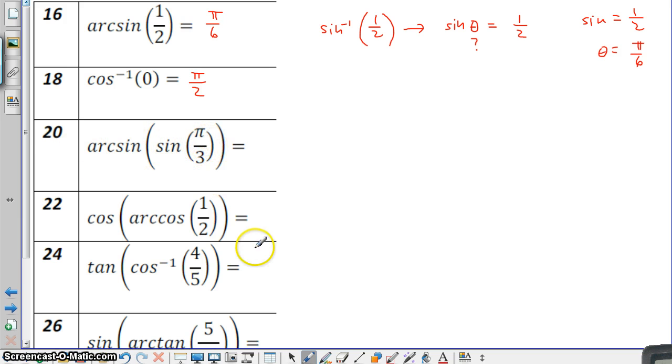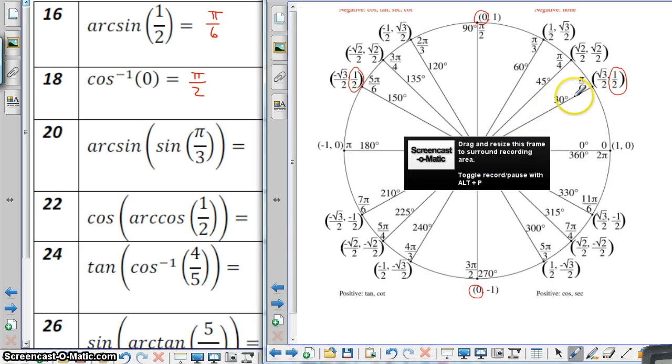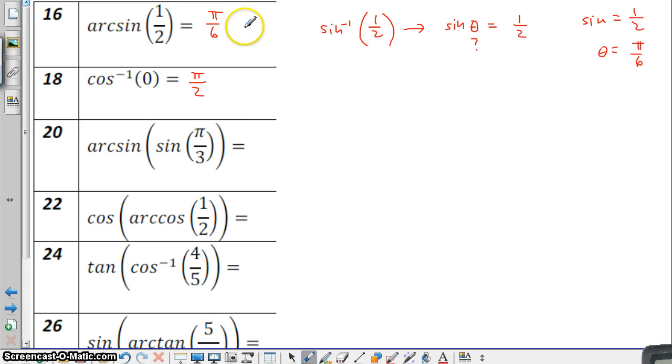This one they're kind of embedded here. So sine of pi/3, that's one you should know. Pi/3 up here, sine of that, square root of 3/2. So basically I'm going to simplify this, or replace it with square root of 3/2. So then I have arc sine square root of 3/2.